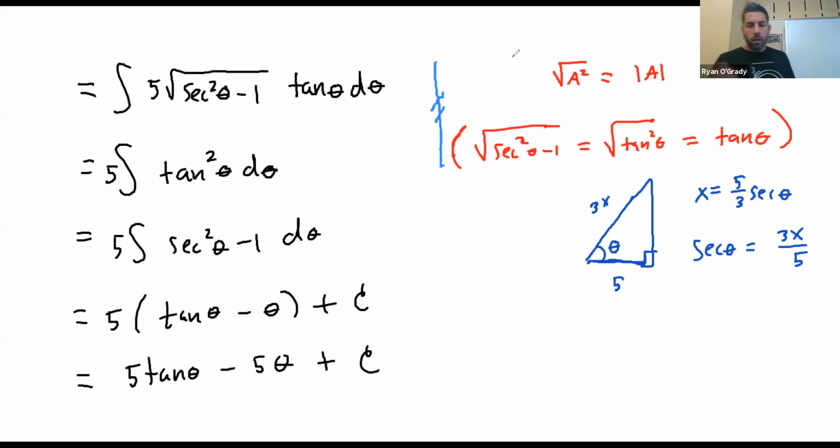So again, look at the triangle. If you're confused how I got this triangle and its labels, everything is coming from this. This was my substitution. And the reason it works is because this triangle tells us it works.